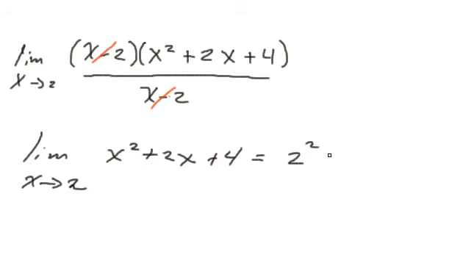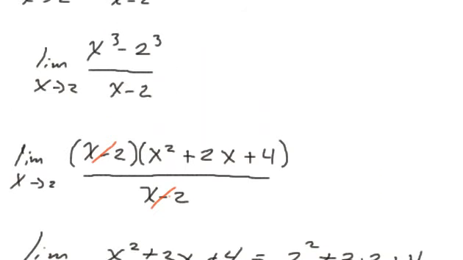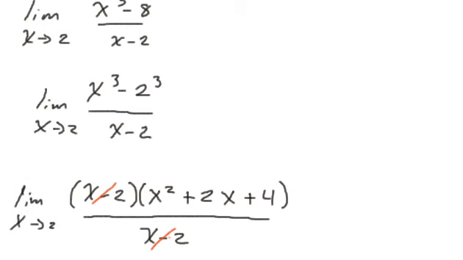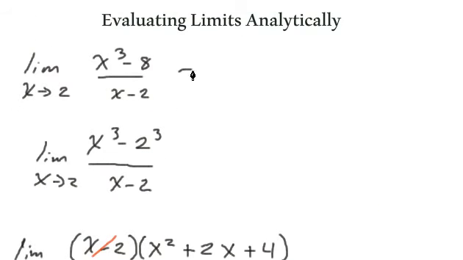You get 2 squared plus 2 times 2 plus 4, and our final answer should be 12. Right? 2 times 2 is 4, 4 plus 4 is 8, and 8 plus 4 is 12. So go back up here to the original problem, right? So our limit is equal to 12. That wasn't so bad.